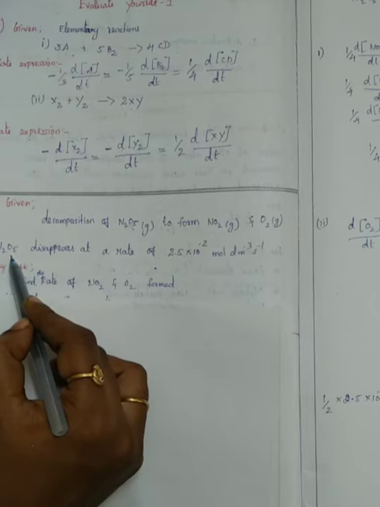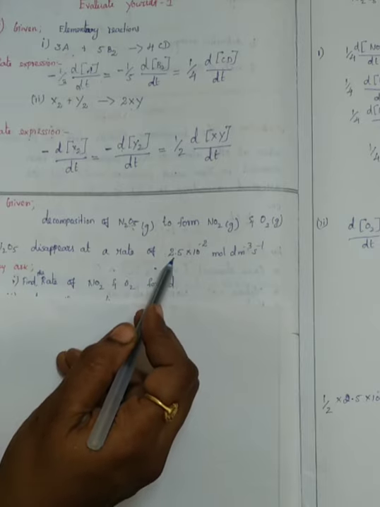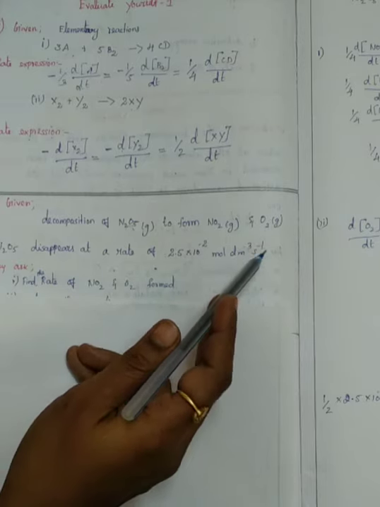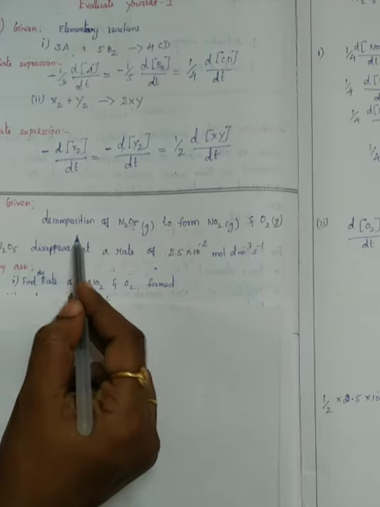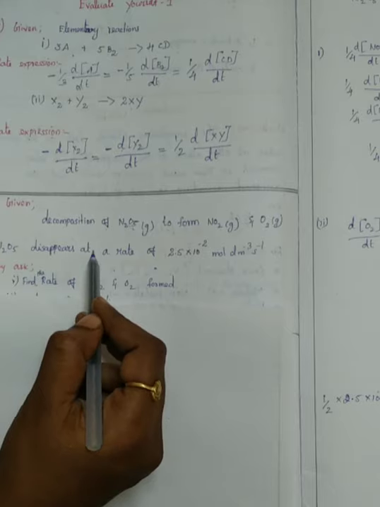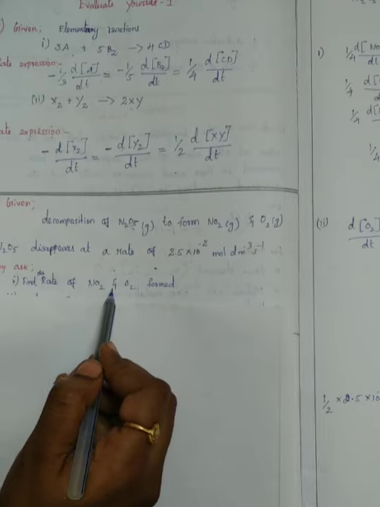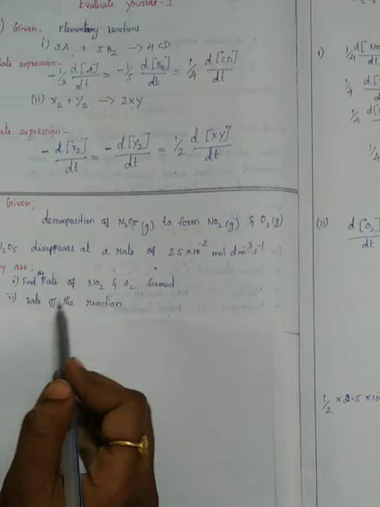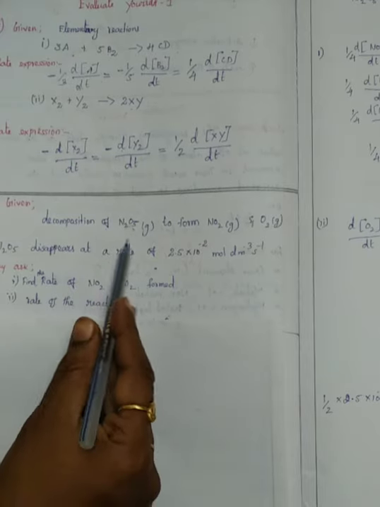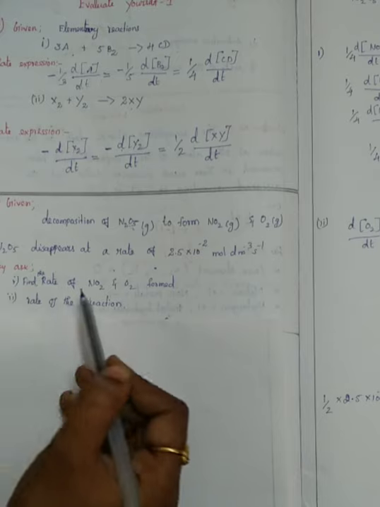The disappearance rate of N2O5 is given, that is 2.5 × 10^-2 mol dm^-3 s^-1. These ideas were given in the sum. They ask us to find the rate of NO2 and O2 formed as well as the overall rate of the reaction. So with the use of these ideas, we are going to find these answers.